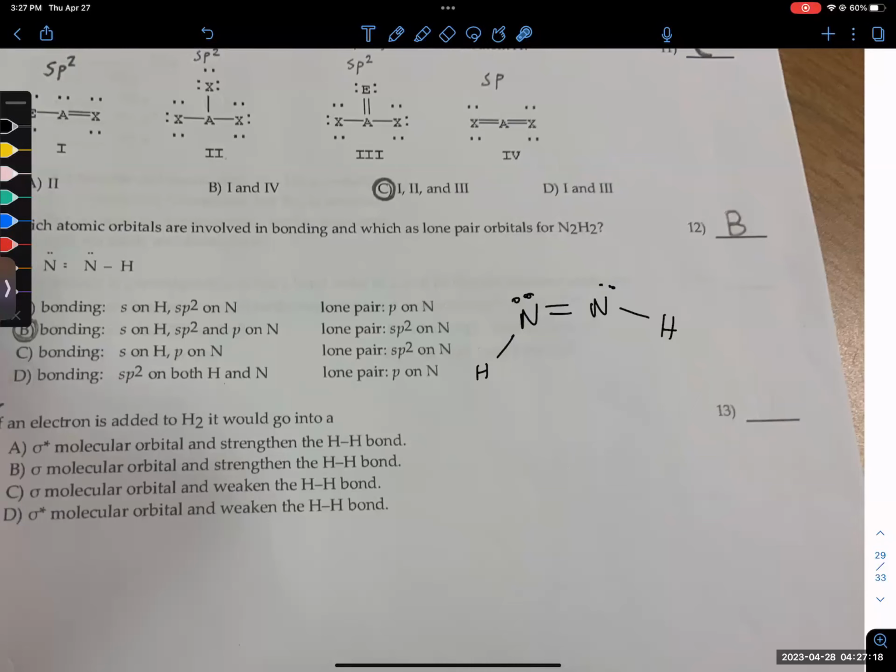So for this bond to be a double bond, you need a p orbital bond, which is our pi bond. Our pi bond is composed of two p orbitals that are overlapping to make a pi bond, which is why it needs the p on nitrogen.